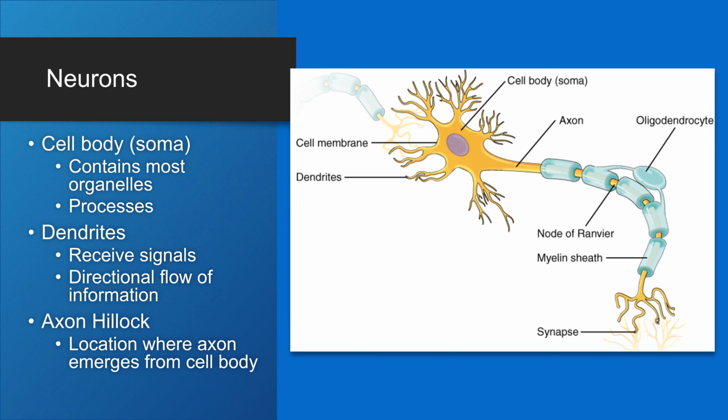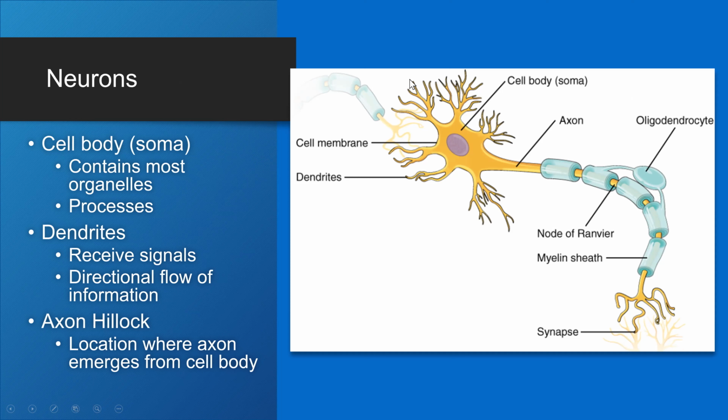Now dendrites will receive signals and send those signals towards the cell body, and axons will send signals away from the cell body toward the axon terminal, right? Towards the end of this axon, where we will have a synapse or connection, not a physical connection, it will be a gap, but this is where one axon communicates with another axon, or maybe with your muscle cell, like with some effector cells, right?